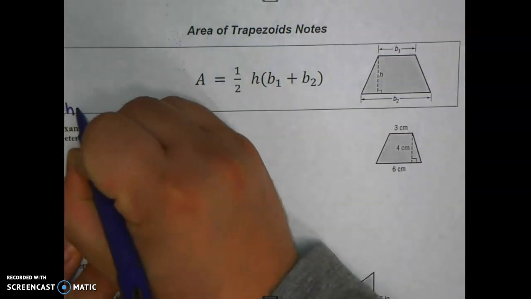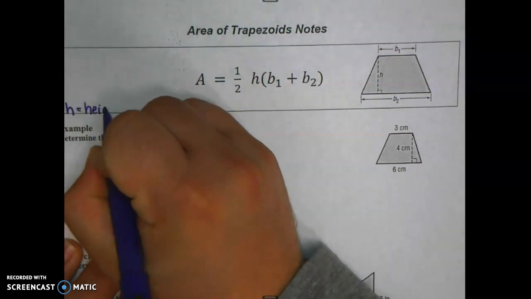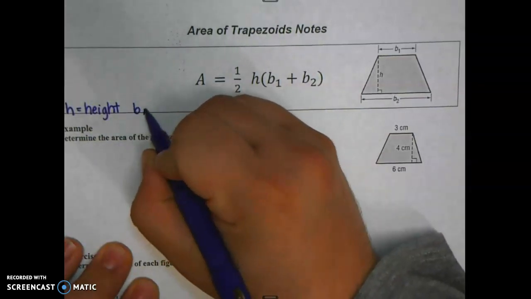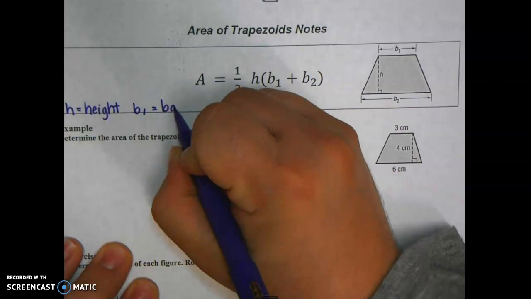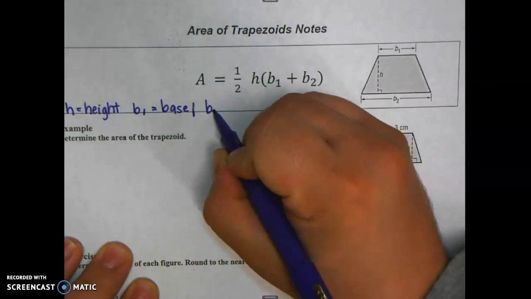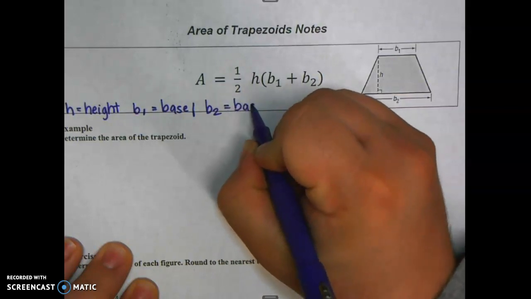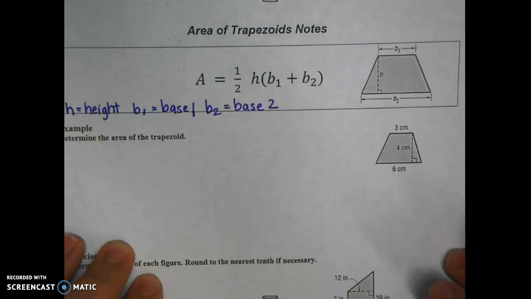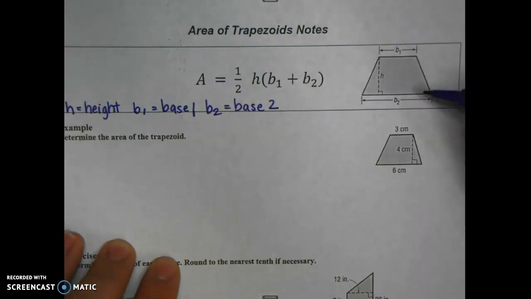So h is your height, B1 is base 1, and B2 is base 2. So now you'll notice that on trapezoids there are 2 bases, and it's labeled here as B1 and B2, and then your height. So in order to solve these, there's 3 steps to solve these.